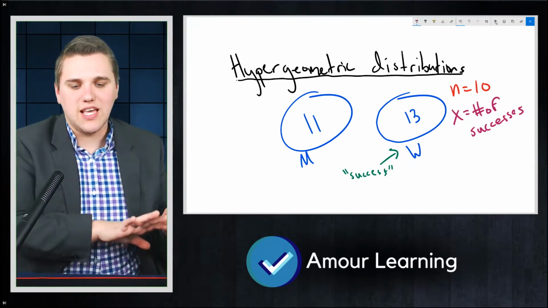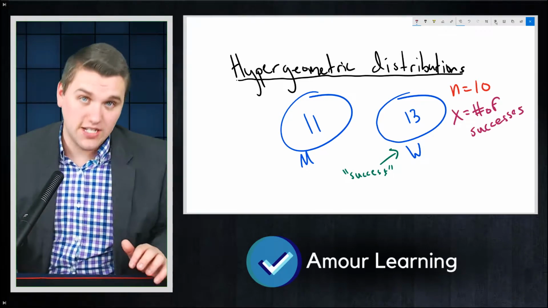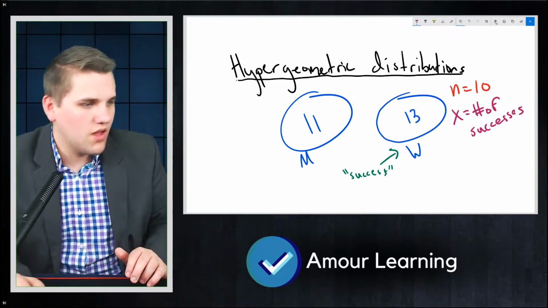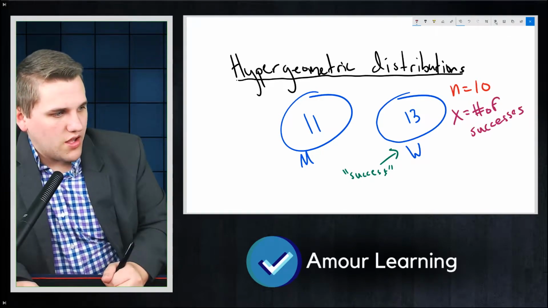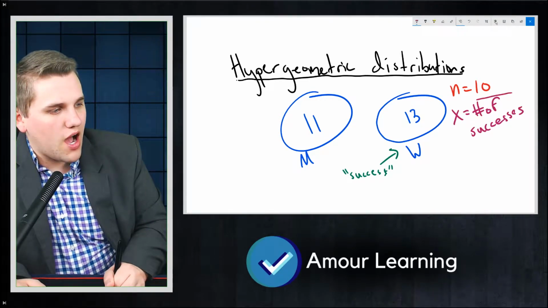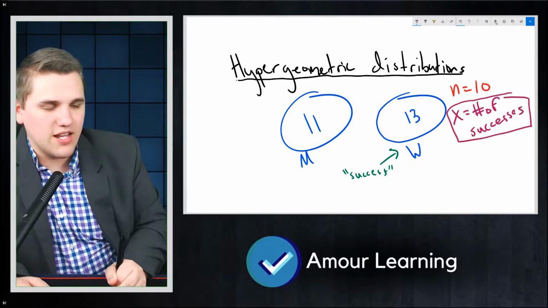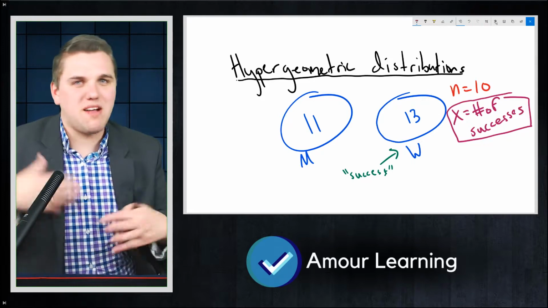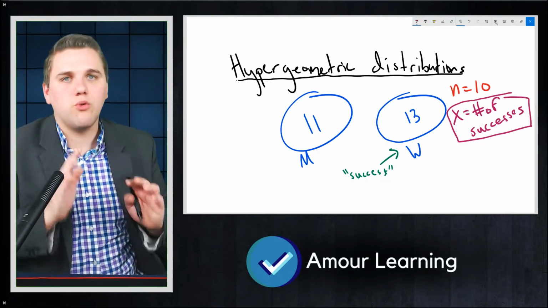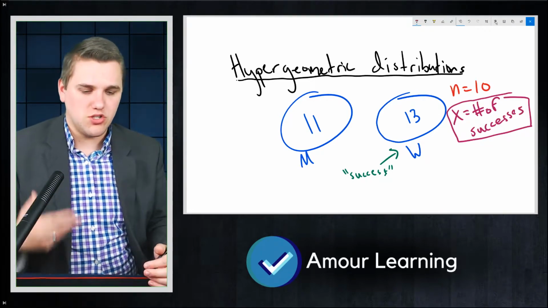And so the idea is the trials are not independent of each other. And so for that reason, they're not quite Bernoulli trials. So X is going to be the number of successes. So we could get 0 women, we could get 1 woman, we could get 10 women. We're more likely going to get about 6 women. But these are really, really interesting distributions when we talk about them.